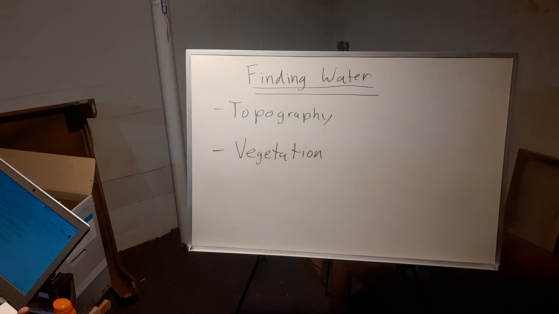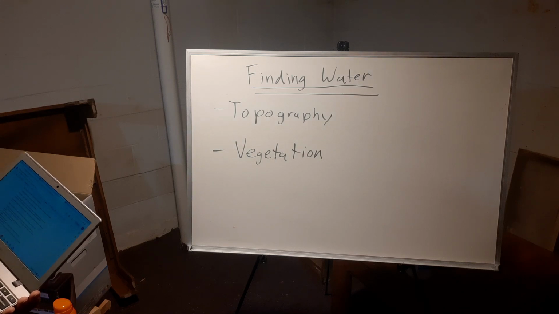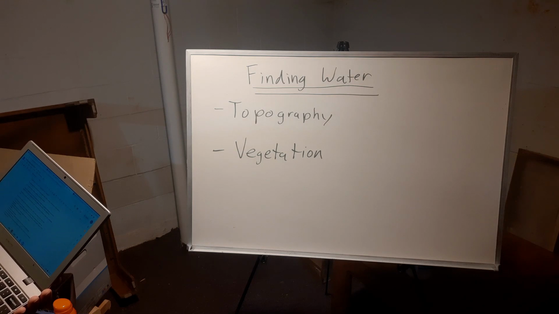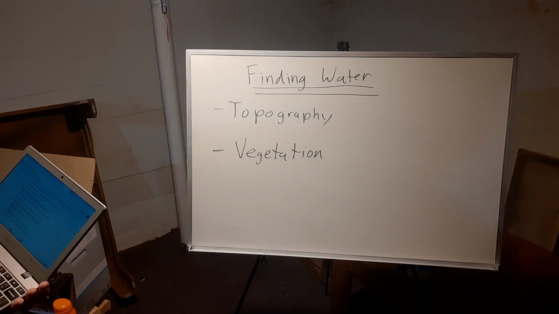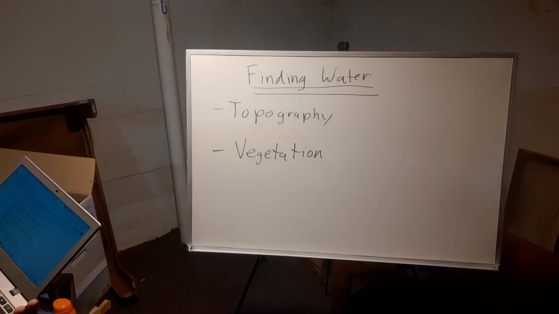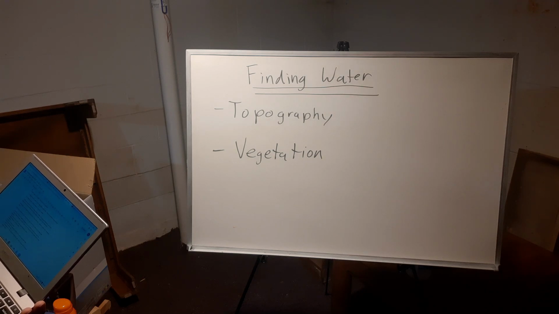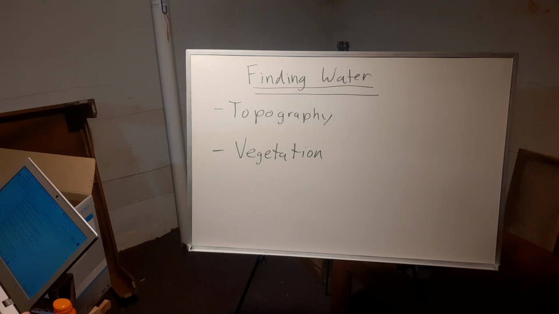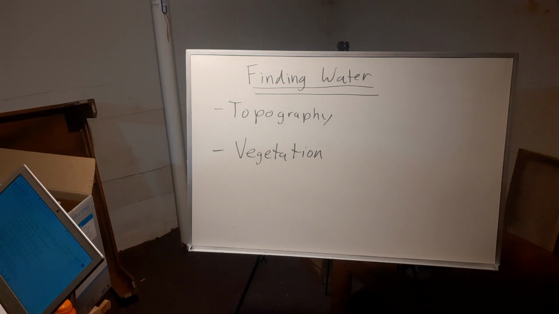So generally speaking, the very tops of hills and mountains are not going to be as moist as the valleys below, because the water is going to drain down through the mountain via gravity. So any kind of mountaintop or hilltop is usually going to be pretty dry. It's not going to be easy to find standing water on the top of a mountain or hill, usually.